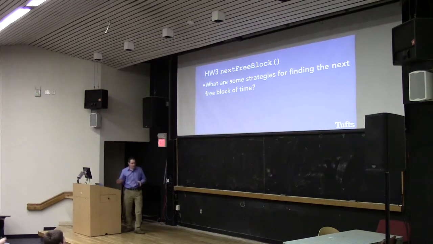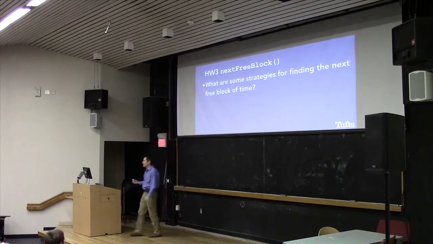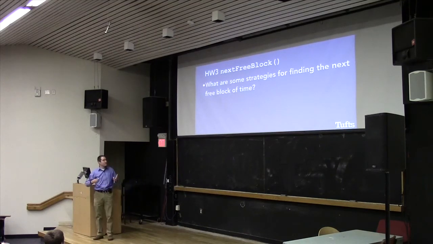So a bunch of people have said, hey, I'm not really figuring out this next free block. There are a couple places in the homework that I think people are having trouble with. This is one of them. Another one is making sure you return the proper pointer, or making sure you copy data from one place to another, from say a new day that you've created, into your actual day list.